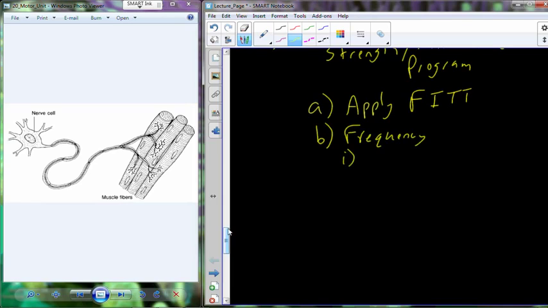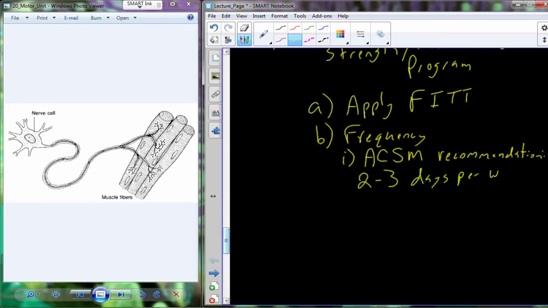So it is recommended by the American College of Sports Medicine, ACSM, that one should utilize 2 to 3 days per week per muscle.